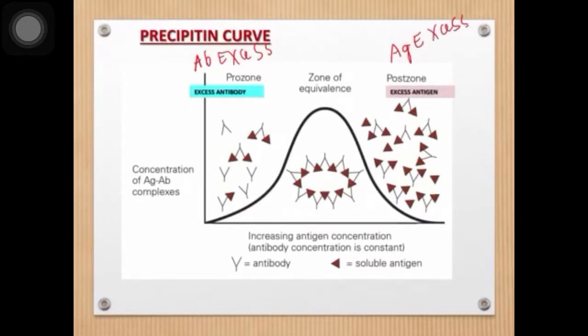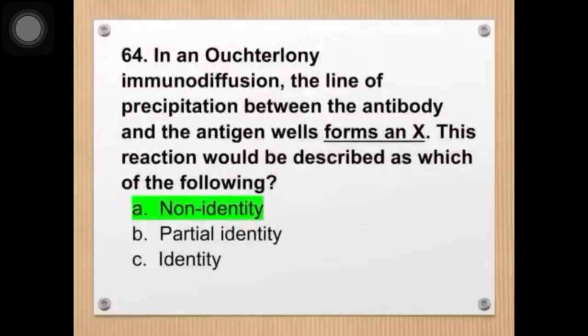Pag sinabi pong zone of equivalence, antigen concentration equals antibody concentration. Again, maximum precipitation occurs in the zone of equivalence. In Ouchterlony double diffusion, bakit po tinawag na double diffusion? Because antigen and antibody diffuse independently through the medium.